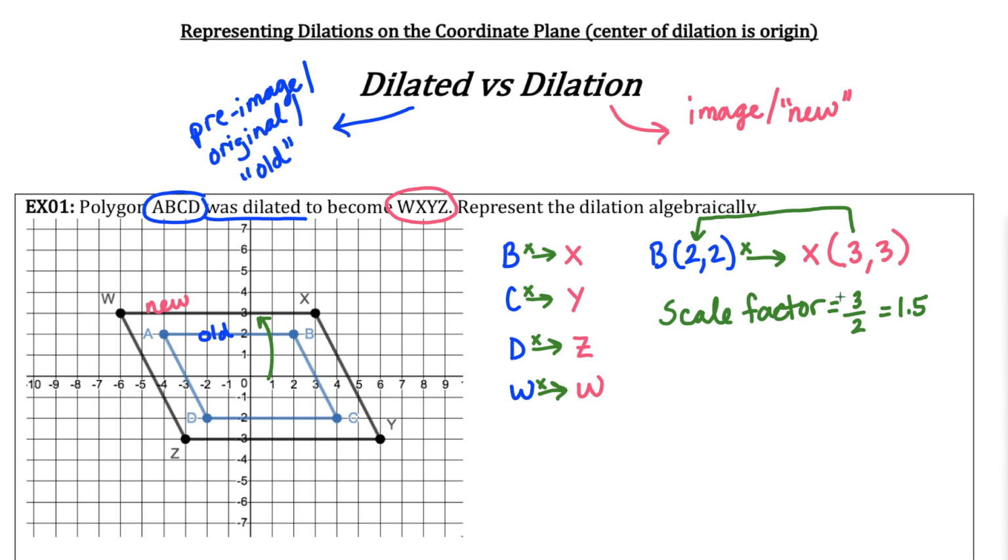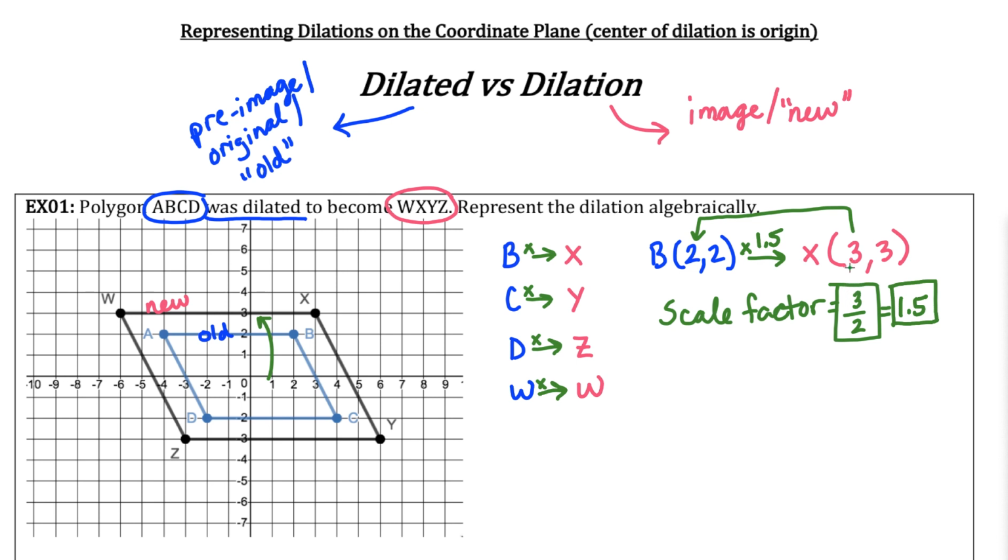So both of these are correct. You can't reduce this anymore, you can't divide the 3 and the 2 by anything. This is your scale factor in fraction form, and this is your scale factor in decimal form. So what this means is that you're multiplying by 1.5. So 2 comma 2 times 1.5 is 3 comma 3.